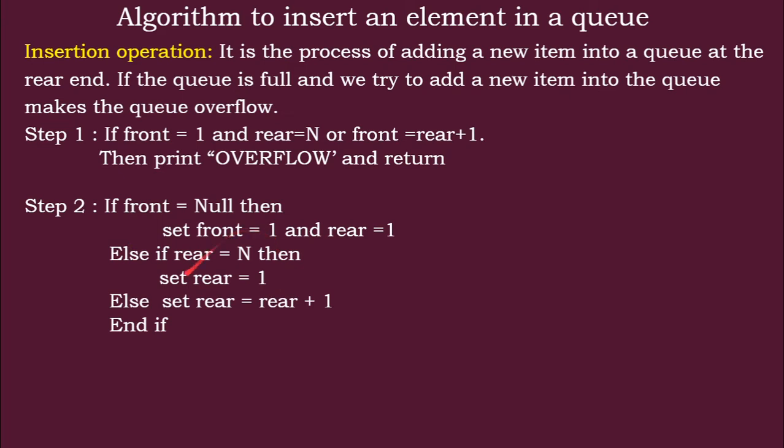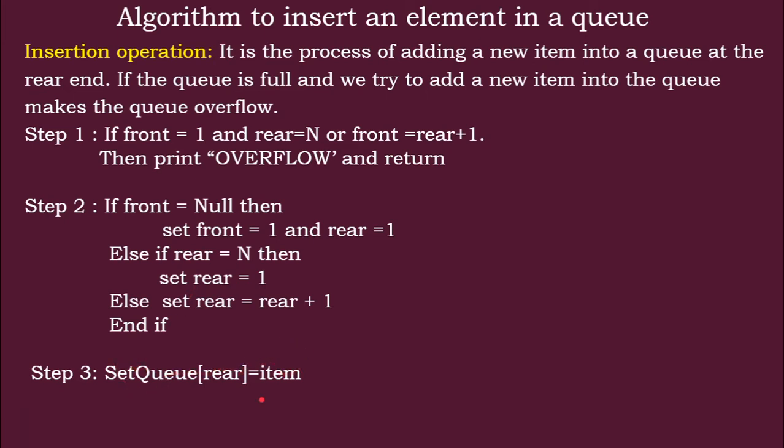So step 2 checks whether the queue is an empty queue, and for checking the empty queue, it checks all these conditions. Then step 3 says after you found the rear location, we have to add the data into the rear position. That is done by set Q of rear is equal to item.